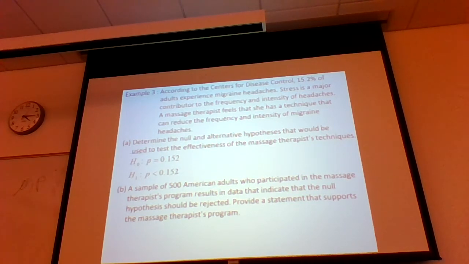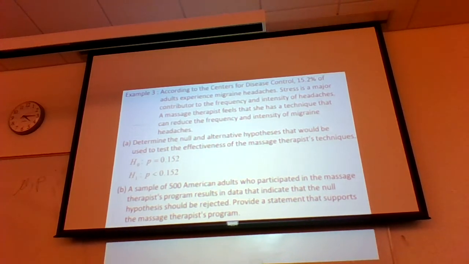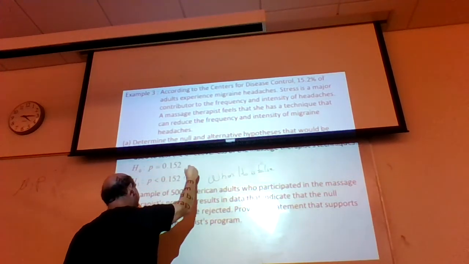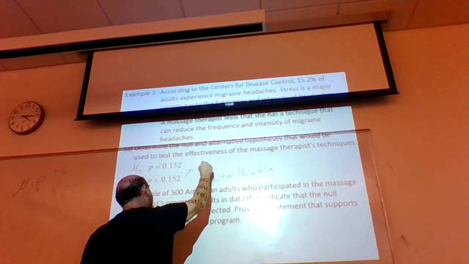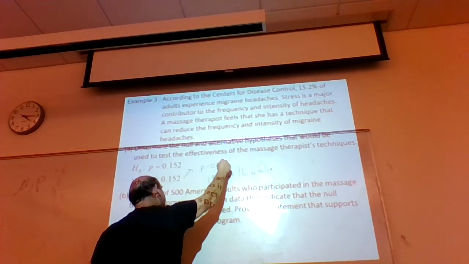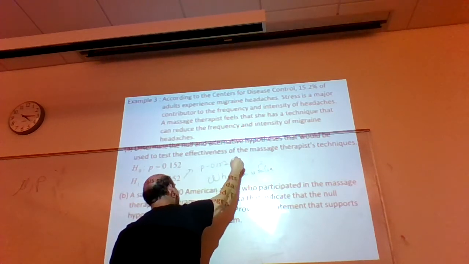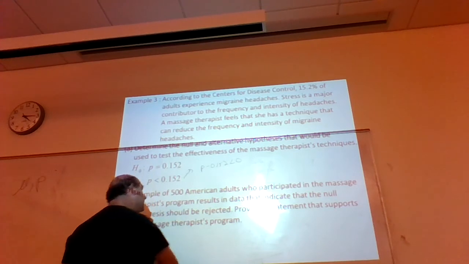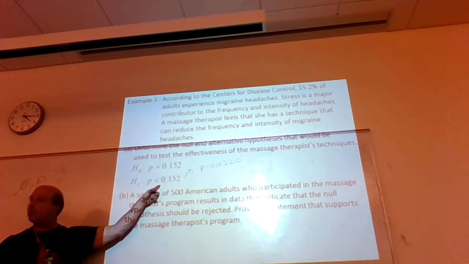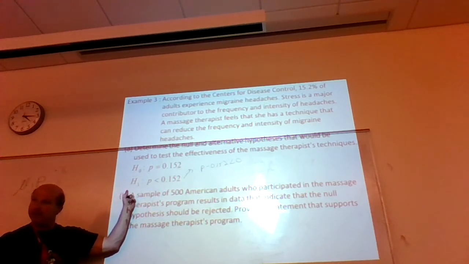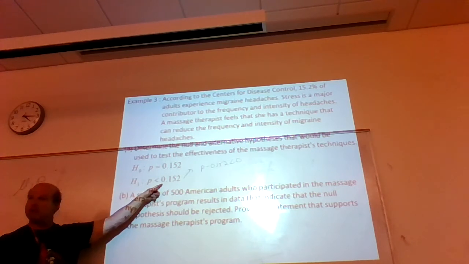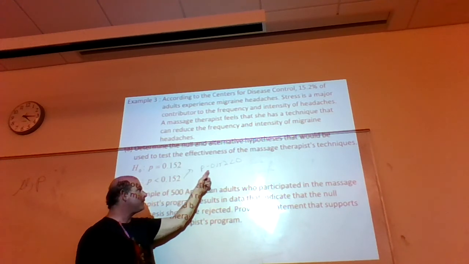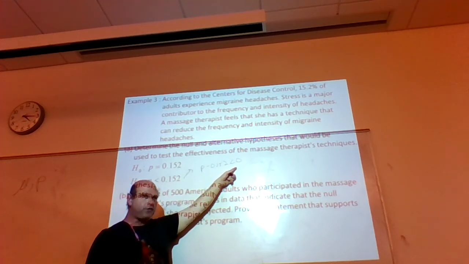Another way to say the alternative is to do this. You see what I did? I subtracted 0.152 from both sides, and that makes that 0. It says the difference between these two is less than 0.